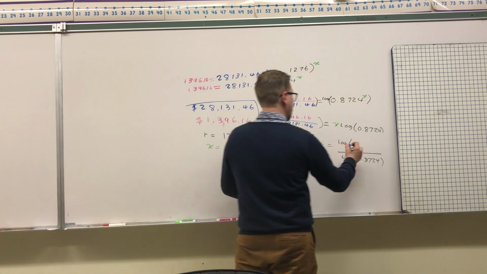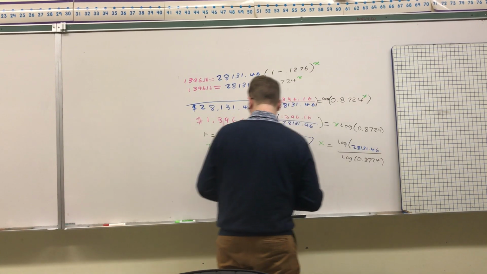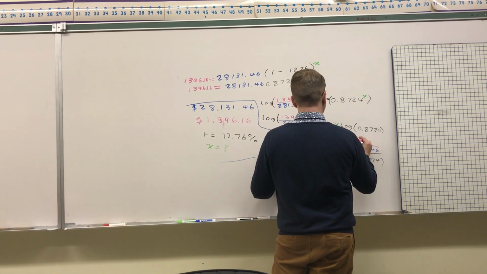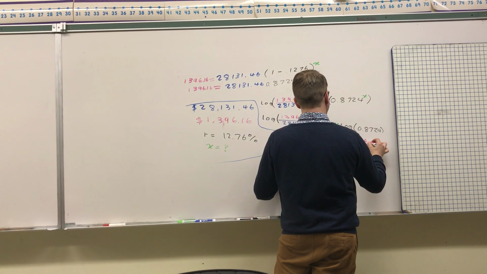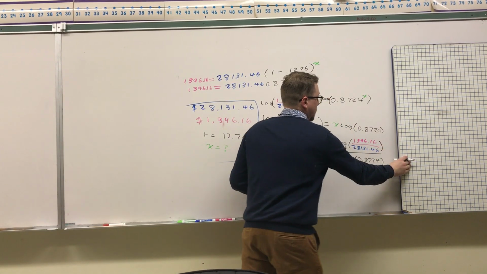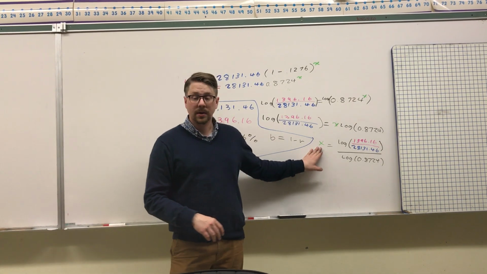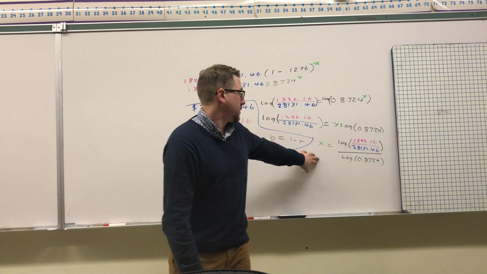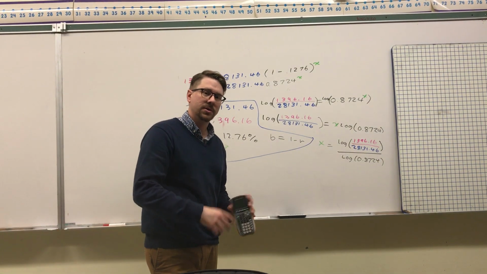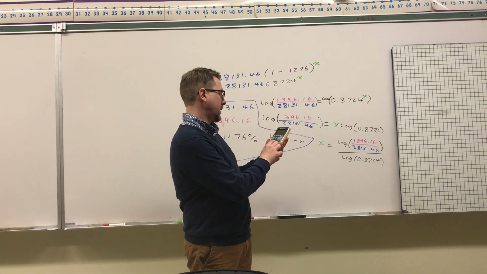This is going to be 28131.46, and then on here, 1396.16. So it looks like a lot right now, but we're basically done. You can leave it like this, or if you're being tortured and you have to use a slide rule, use a slide rule, or you can just put it into a calculator.